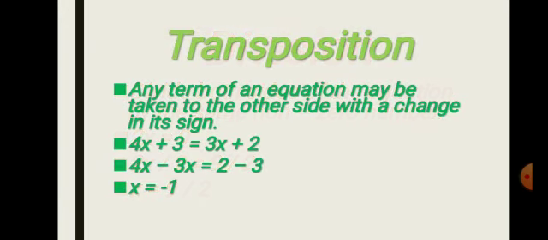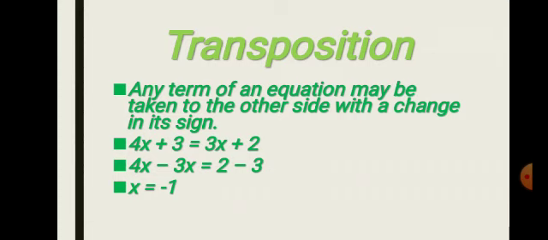The next is transposition, another way to solve the equation. Any term of an equation may be taken to the other side with a change in its sign. Now let us see 4x plus 3 is equal to 3x plus 4.